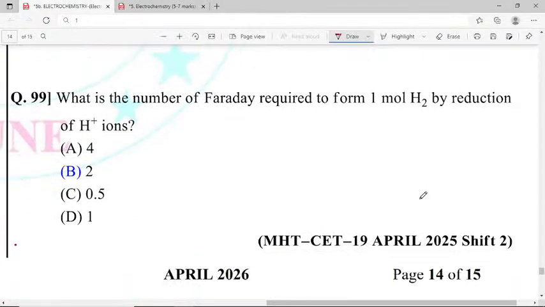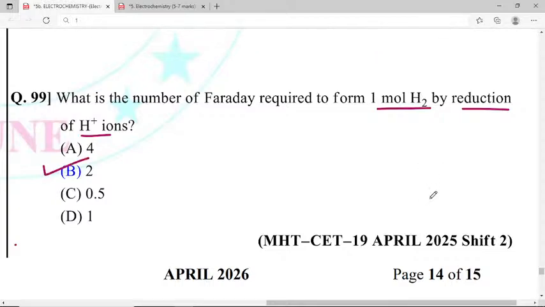What is the number of Faradays required for 1 mole hydrogen by reduction of H+? Repeat question from 2024, same question. 1 mole hydrogen by reduction of H+. 2H+ plus 2 electrons gives H2.